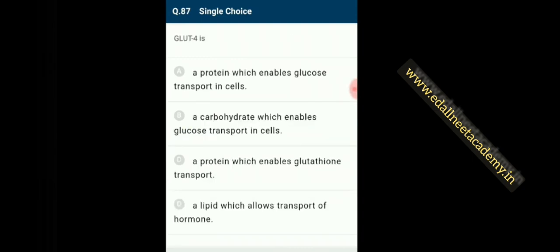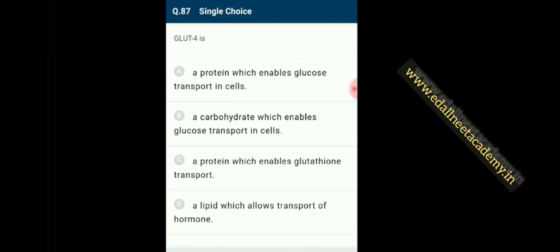Question number 87. GLUT4 is glucose transporter type 4, generally called GLUT4, a protein that facilitates glucose transport across the membrane in cells. GLUT4 is the insulin regulated glucose transporter.